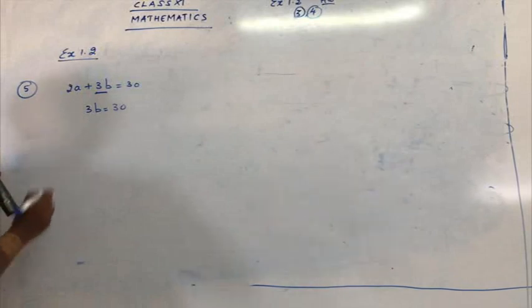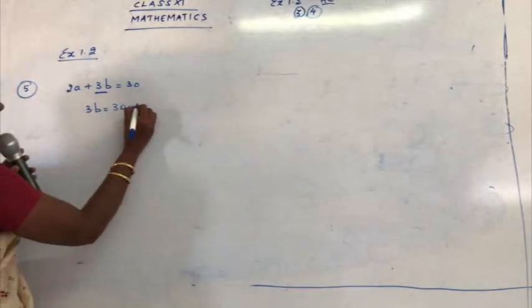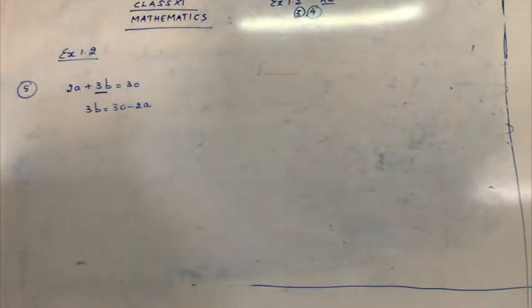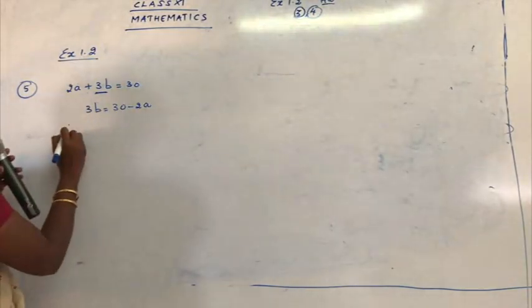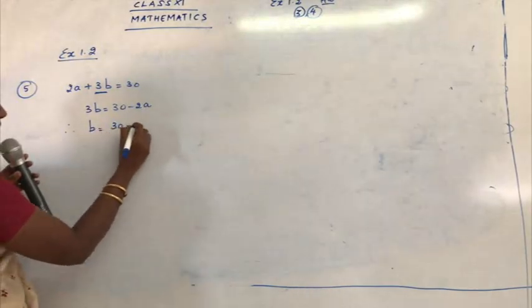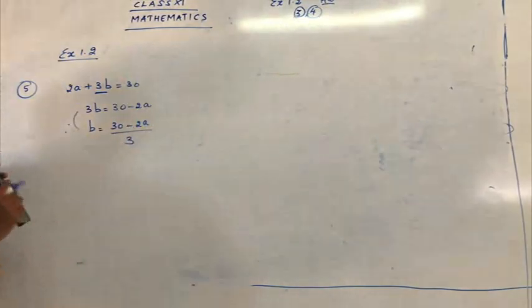What's the sign for 2a? It's plus 2a, so when it goes to the RHS, it becomes minus 2a. So you get 3b is equal to 30 minus 2a. I don't want 3b, I just want b. So b is equal to (30 minus 2a) upon 3. The 3 comes to the denominator.